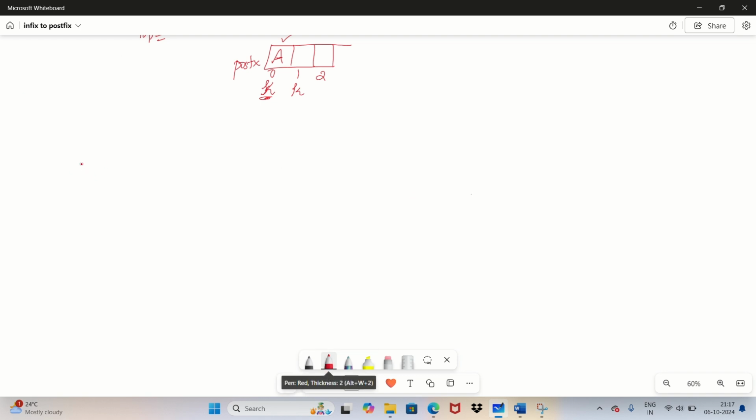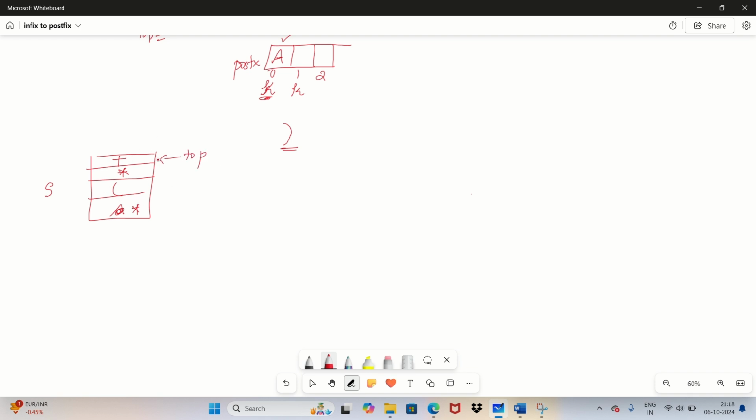See, now imagine your stack has something like this, plus. Okay, now the character scanned is this one. So this is your stack S, where your top is standing here.